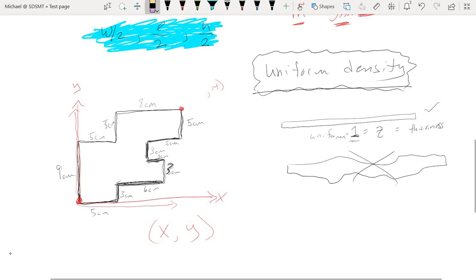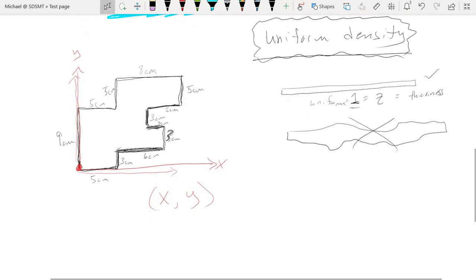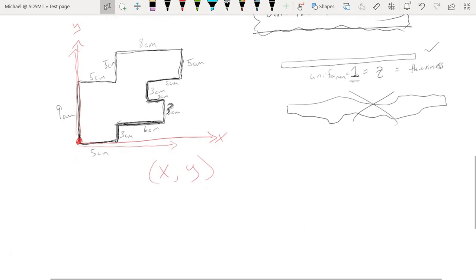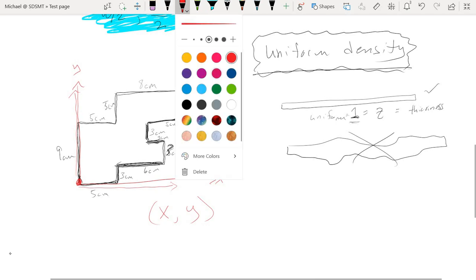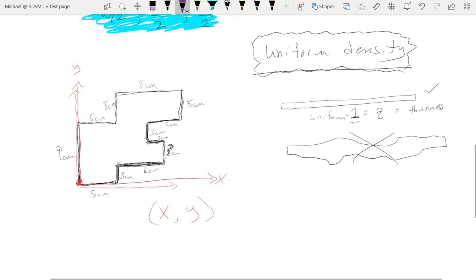Alright, and we don't actually need to know what that point location is. Again, we're going to be concerned with the dimensions of this asymmetric piece of sheet metal. Now, it would make our lives so much easier if this piece of sheet metal had not been cut up into all of these pieces.